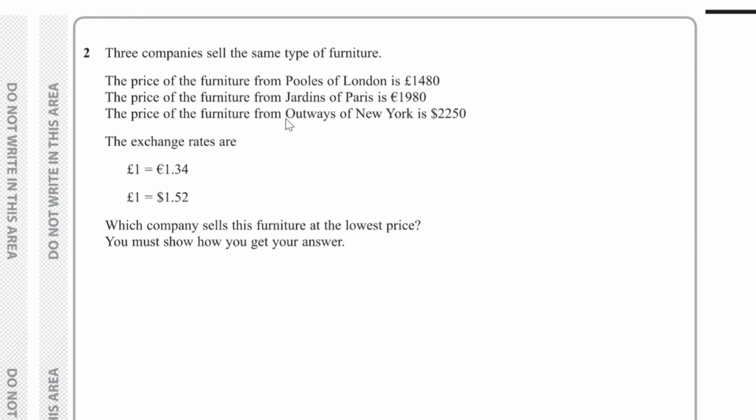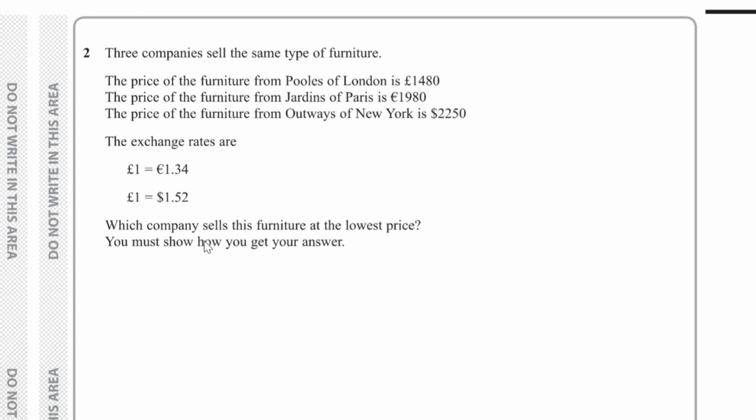The price of furniture from Outways of New York is $2250. The exchange rates are £1 equals €1.34 and £1 equals $1.52. Which company sells this furniture at the lowest price? You must show how you get your answer.